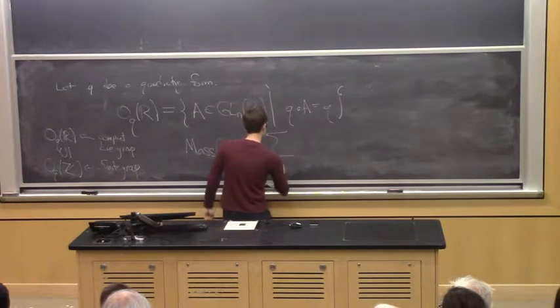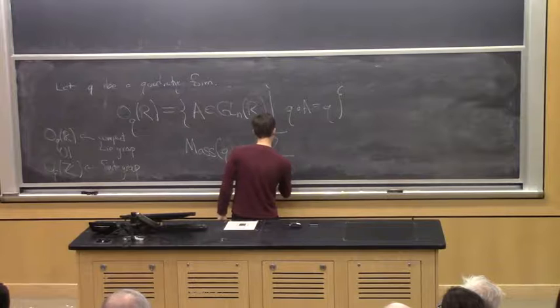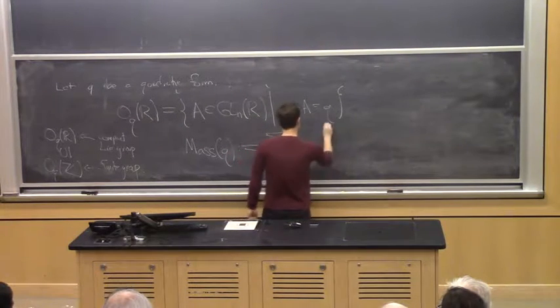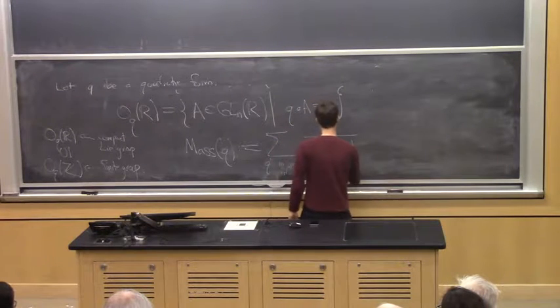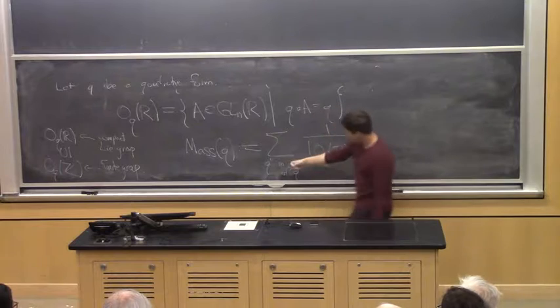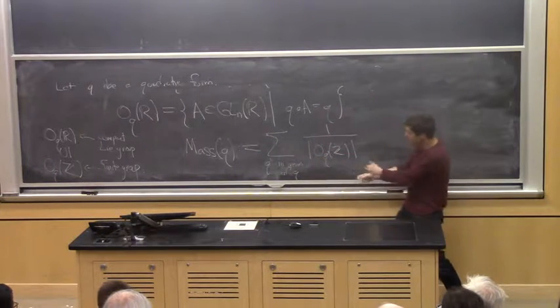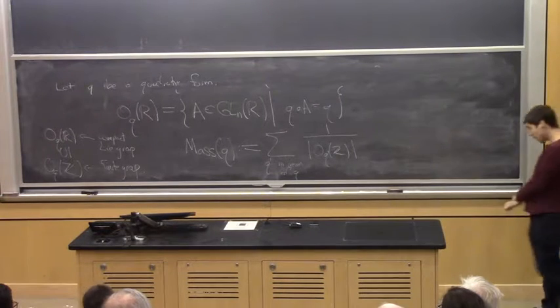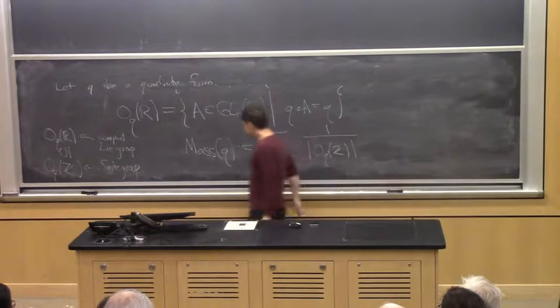The mass of Q is a sum over all Q prime in the genus of Q of 1 over the size of the orthogonal group of Q prime. And this sum is taken over all, I should say, equivalence classes of quadratic forms in the genus of Q. So what is this sum doing?